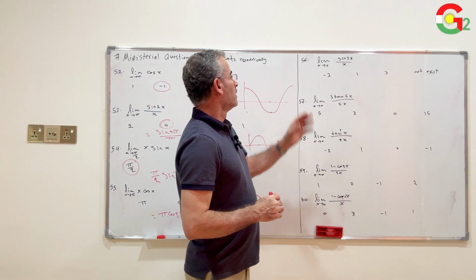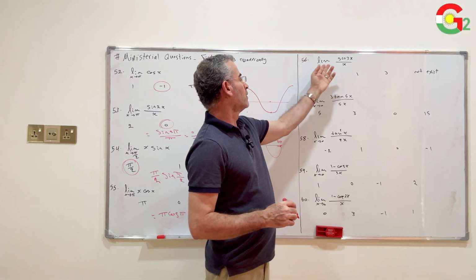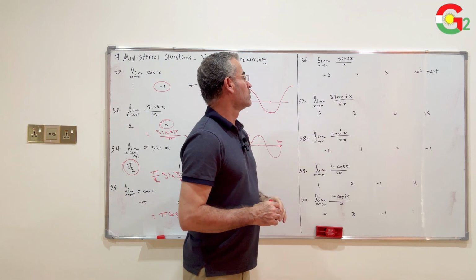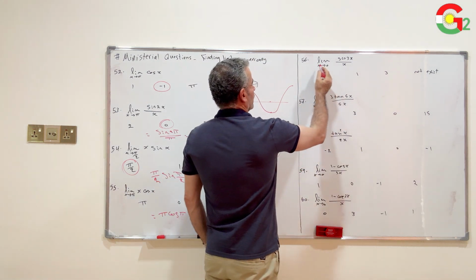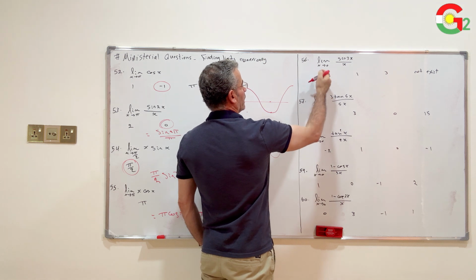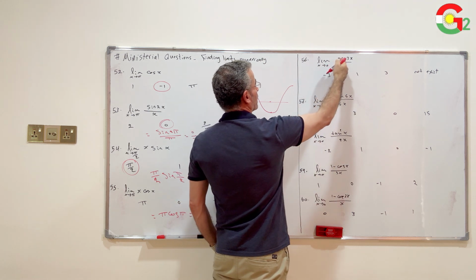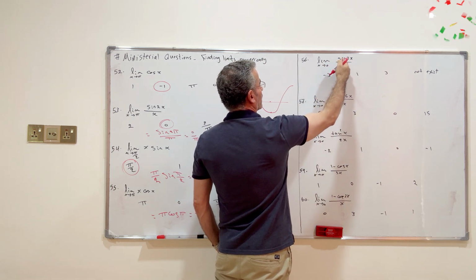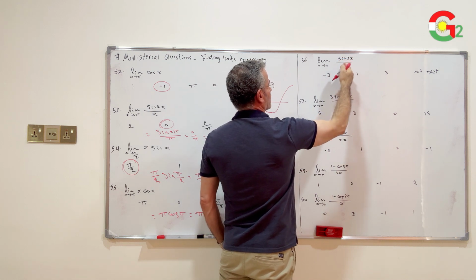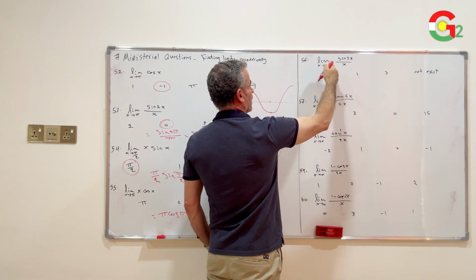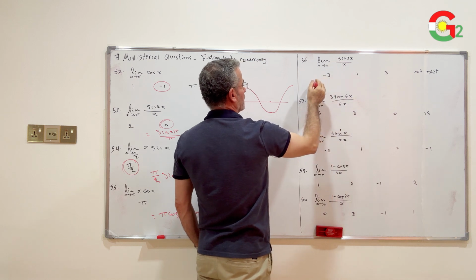56. Find the limit when x approaches 0 of sine 3x over x. When x approaches 0, think to make the function sine 3x over 3x. Then I multiply by 3 and divide by 3.